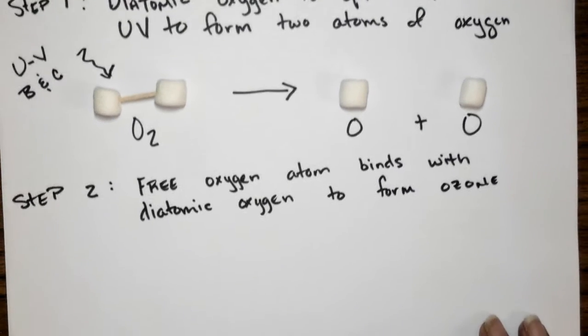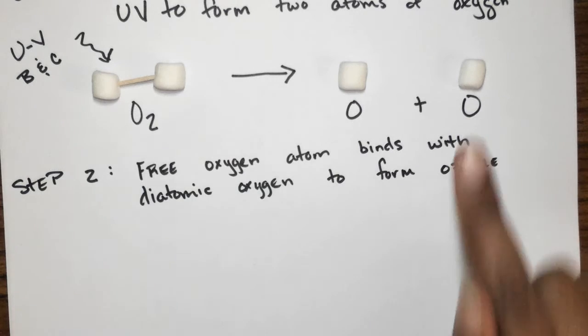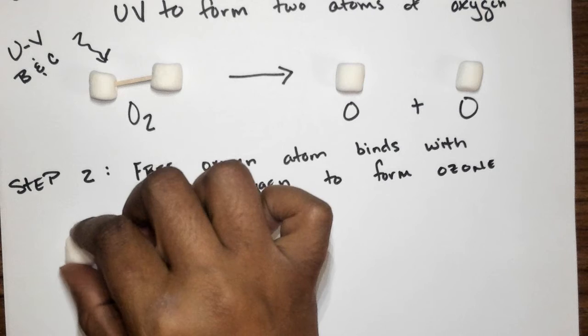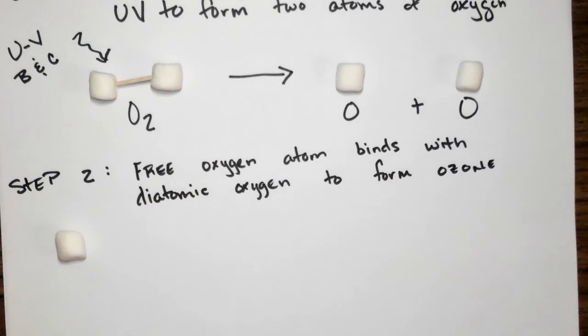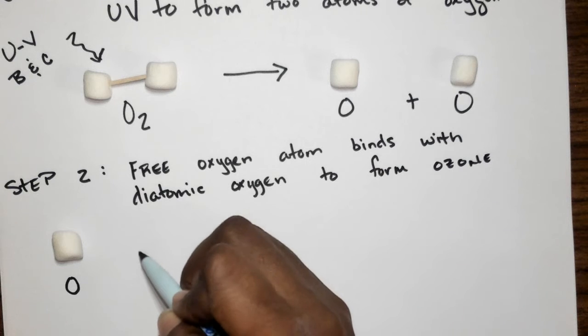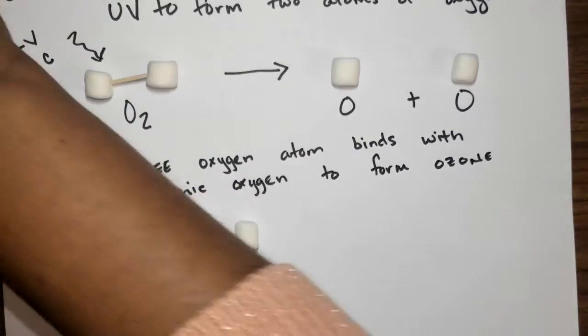Alright, so let's demonstrate that. So I'm going to grab one of these, right? So I've got plenty. So I'm just going to grab one out of my bag. So my free oxygen, okay, and I'm going to go ahead and bind it with a diatomic oxygen.